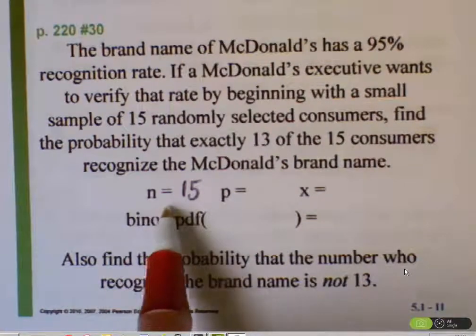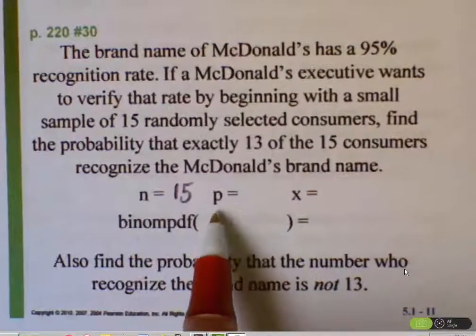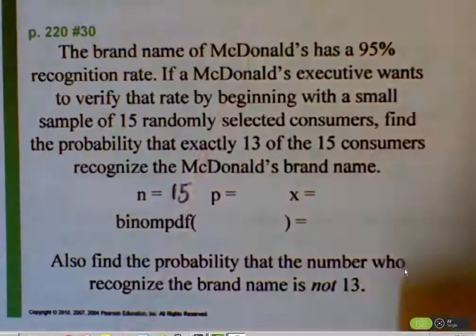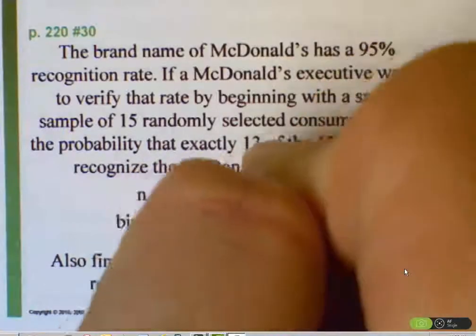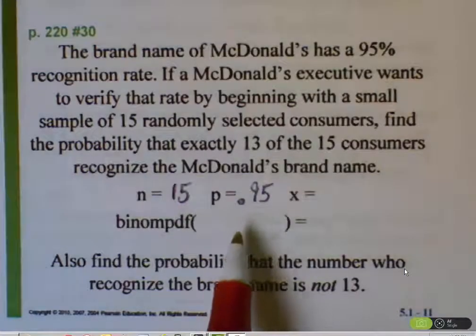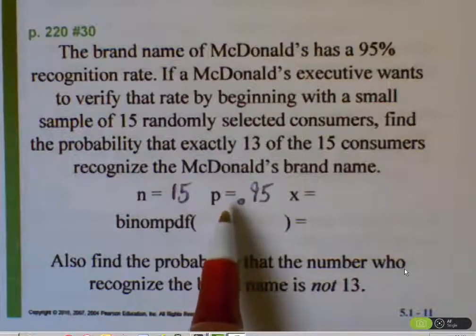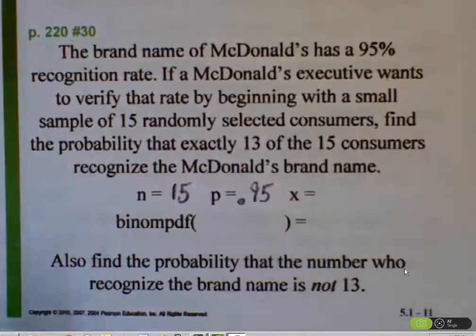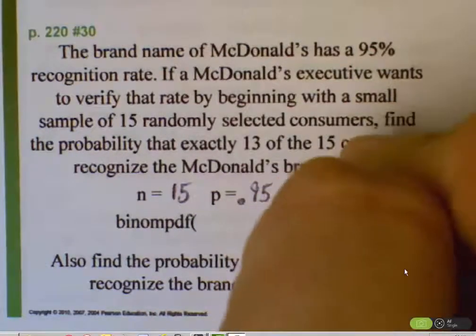There's 15 people in the sample. The probability of success, we're told, is 95%. I want to verify that the probability of someone knowing the name brand McDonald's is 0.95, and I want the probability that exactly 13 out of 15 do recognize that name. So X is 13.